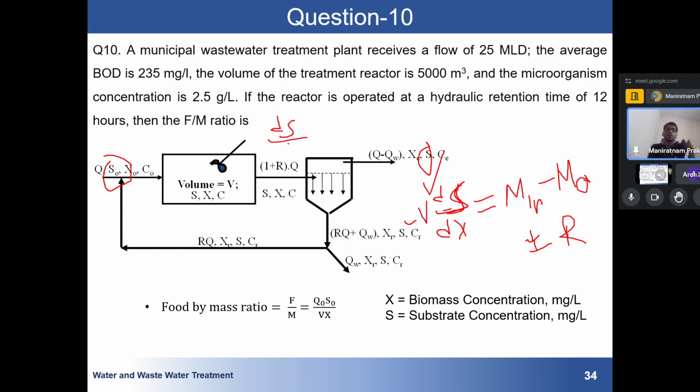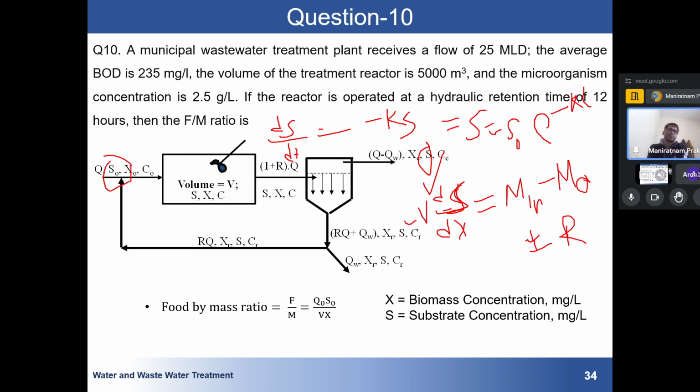That is here, dS by dt is equal to minus k S. And if you take this S here, dt here, and integrate it, you will get the equation: S, the concentration at any time, is equal to the initial concentration times e to the power minus k t.